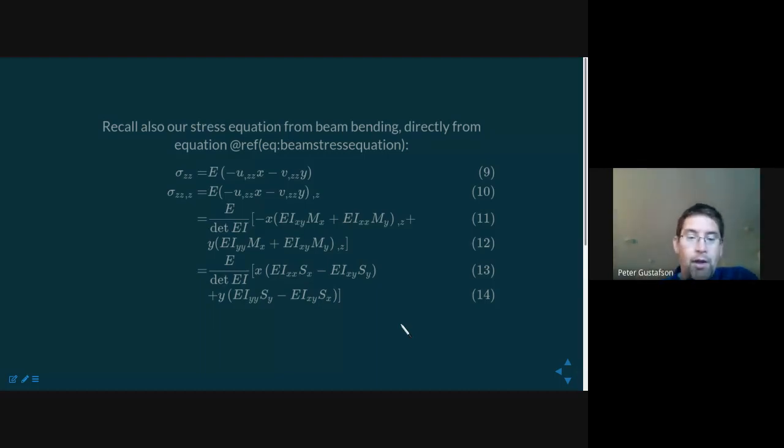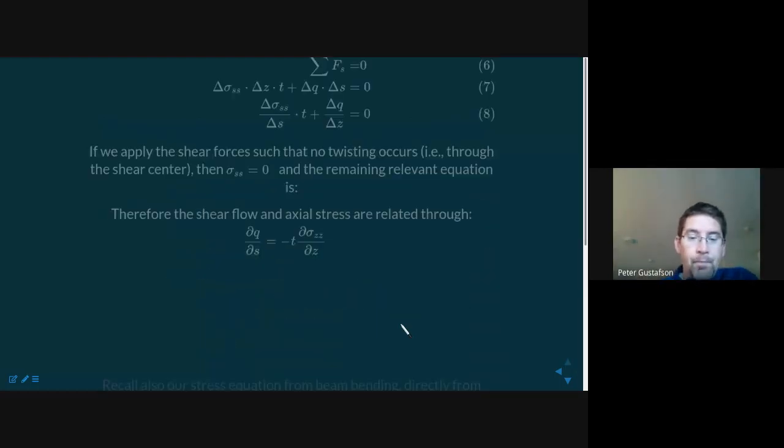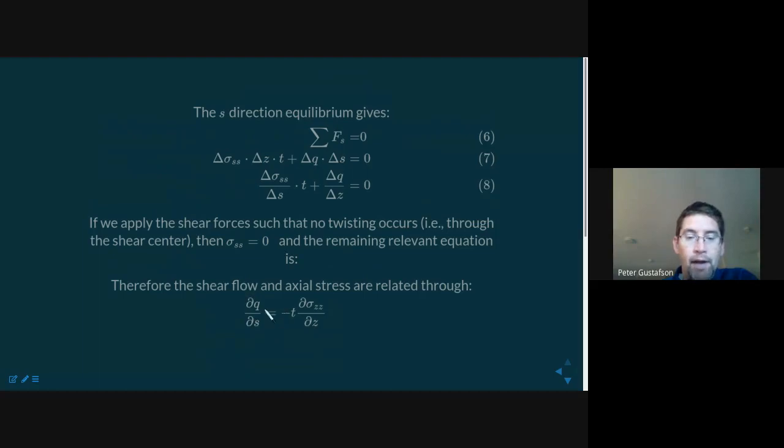Now, as we look at this equation, what did we see? This is from the last slide, dq ds. This equation on the left-hand side, what does this mean? We need to interpret it. It's not just some variables. They actually have meaning. q is the shear flow. Now, what we're saying here is the shear flow does change.